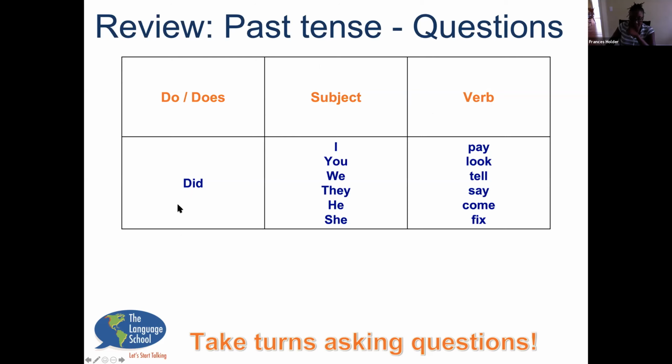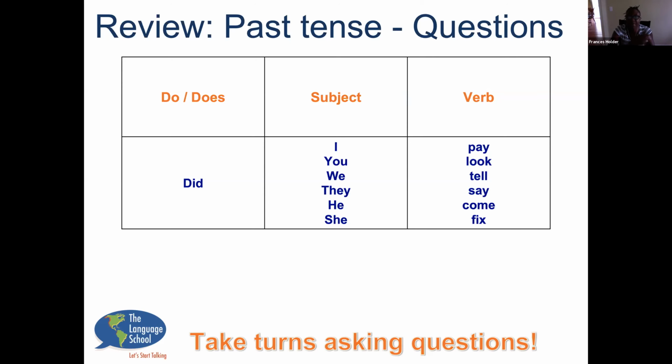So, pardon me, you don't necessarily need to start your question with did. You can start your question with any of the question words, yeah? What did you fix your bike with last time it broke down? Where did you say you were from? Why did you come to class at the language school? Who did you tell your secrets to when you were younger?